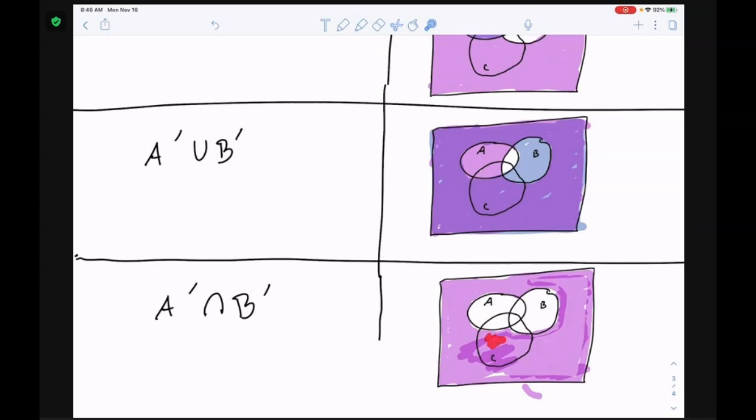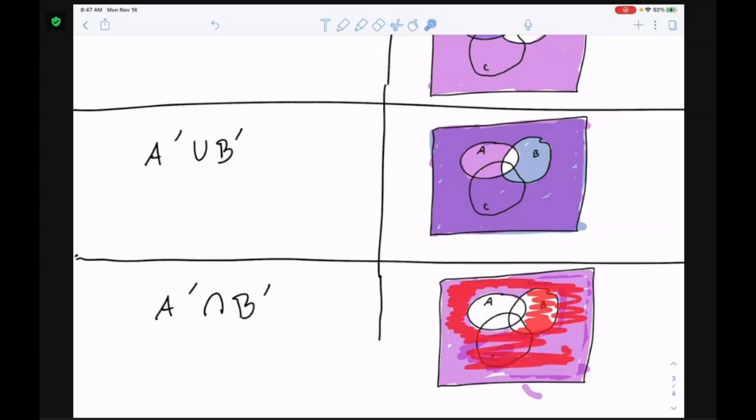Same thing with this region right in here. This region, once again, is outside the circle of A and it's outside the circle of B. So anything that's combined, when I was shading them, that's what I go with. When I shaded not A, this is what it looked like, right?